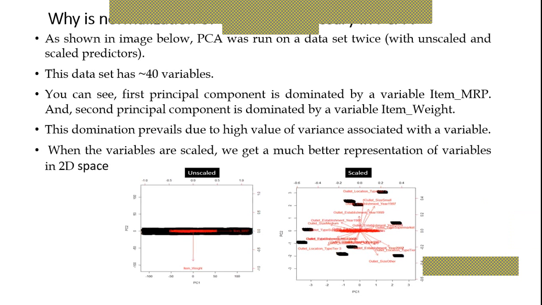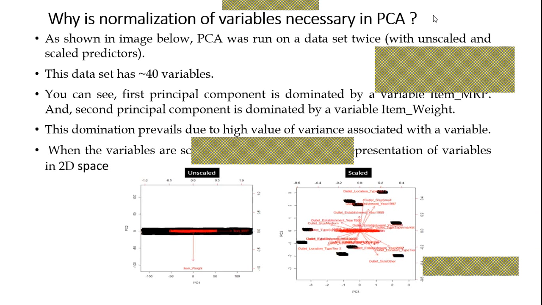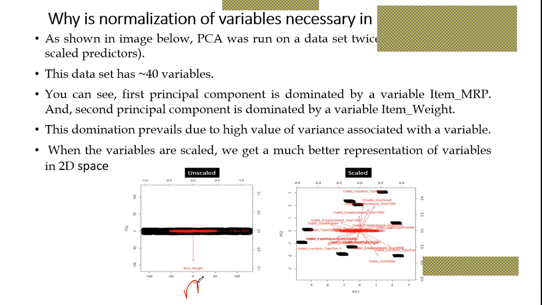Let us consider, I am mentioning here on the x-axis Item MRP, and on the y-axis Item Weight. This domination prevails due to the high value of the variance associated with a variable. When the variables are scaled, we get a much better representation of variables in two-dimensional space.